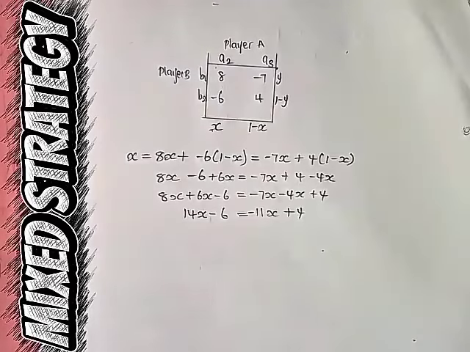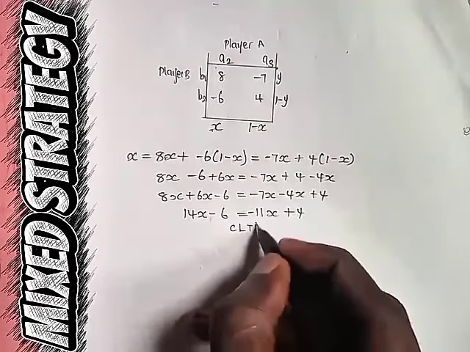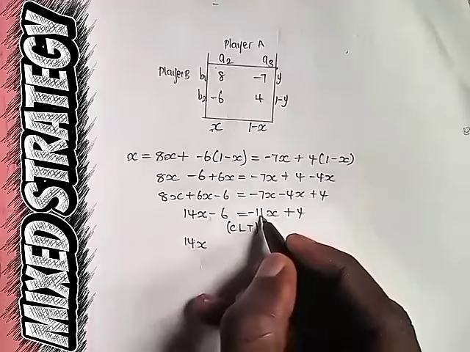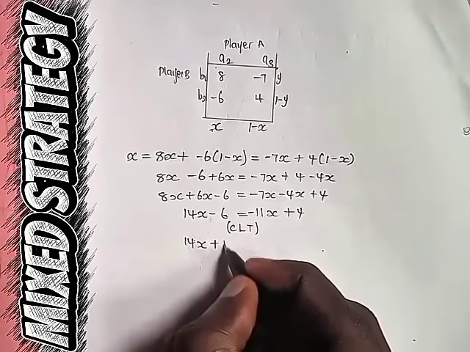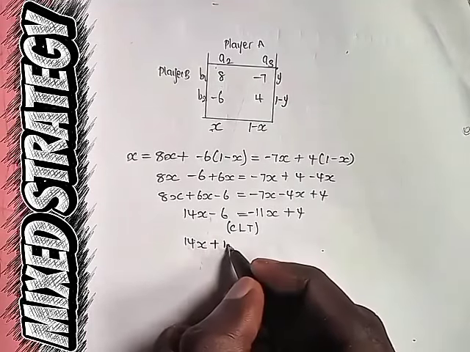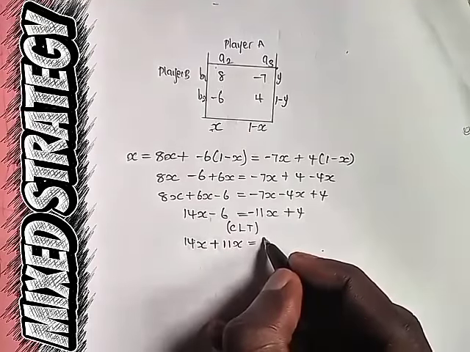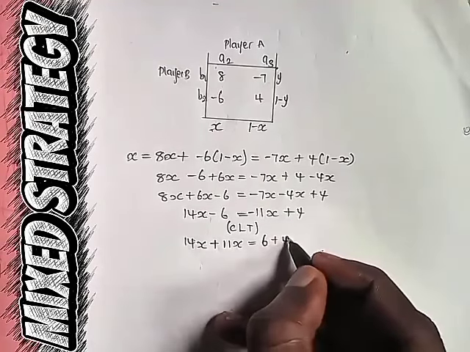Now I can collect the like terms. 14x minus 11, the minus 11x is coming over plus 11x, equals to minus 6 is coming over, which is 6 plus 4.